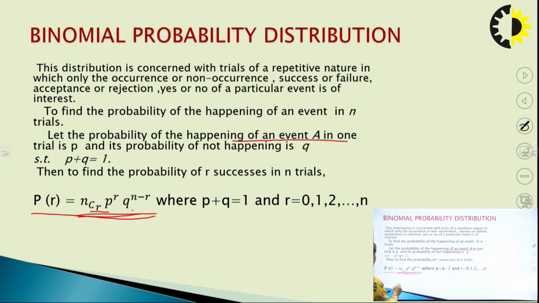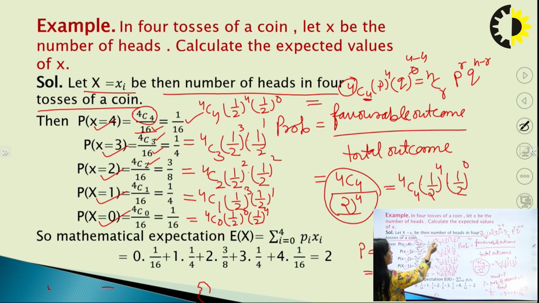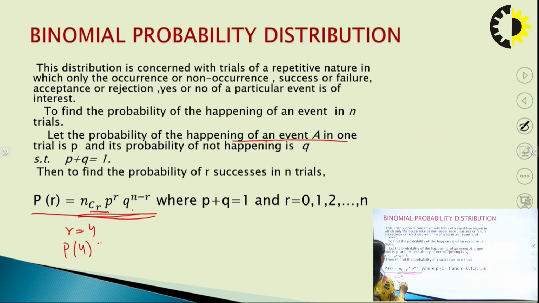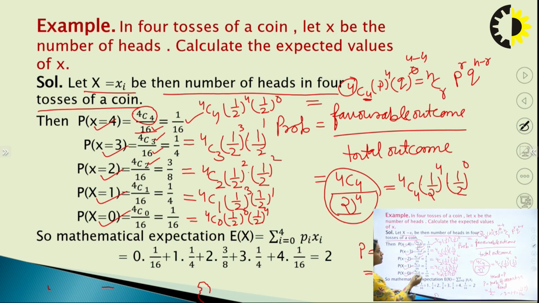So when R is equal to 4, we get P4. As you can see here, we have already got 4C4, because the number of tosses was 4 and we want head 4 times. So this is 4C4 half to the power 4 into half to the power 4 minus 4. And that's what we got when we did it without using the binomial distribution formula.